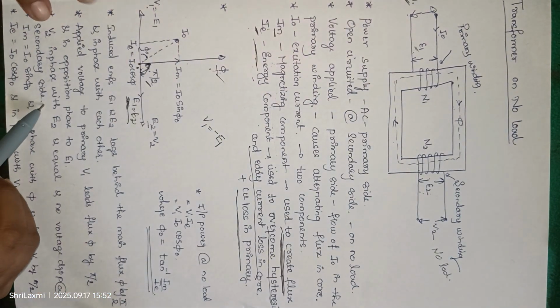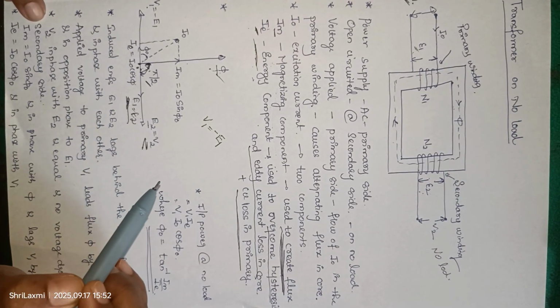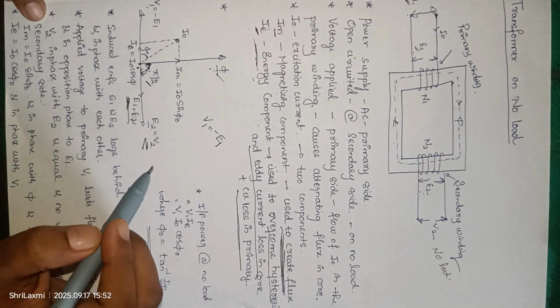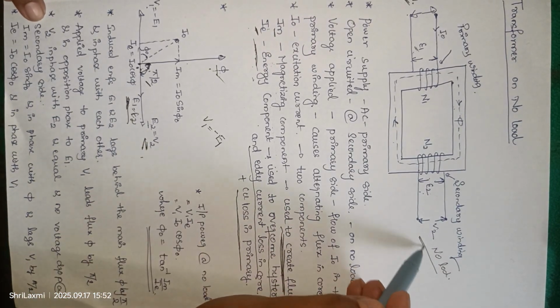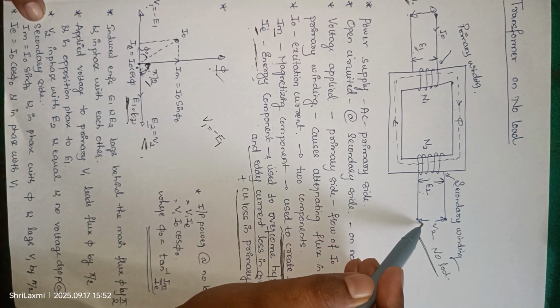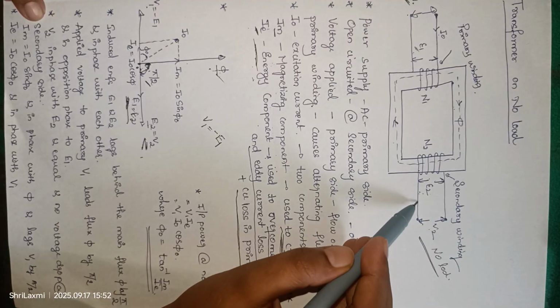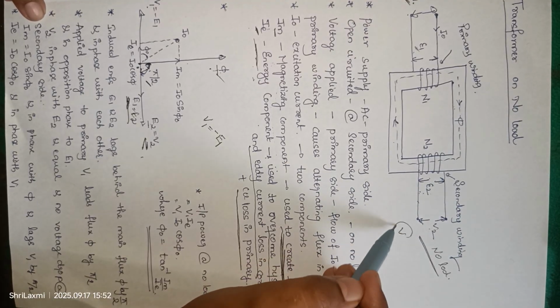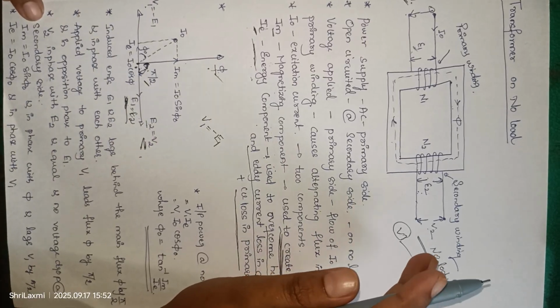And V2 and E2 are in phase with each other, equal, and no voltage drop at the secondary side. Since there is no load connected at the secondary side, V1 and V2 are in phase with each other and there is no voltage drop. The voltage remains constant or the same.